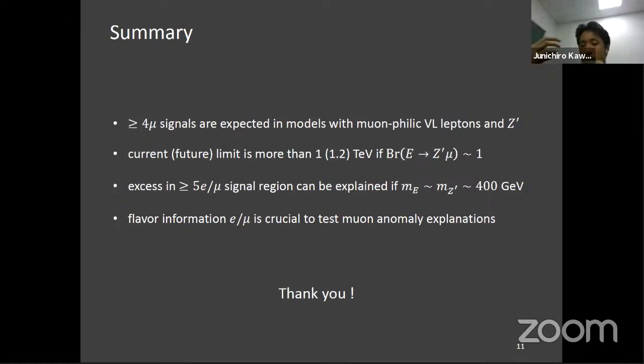After the symmetry breaking, there is a mixing between the standard generation and the vector-like generation. After the mixing, the couplings of the vector lepton and the Z prime to leptons are introduced. So we can assign the U1 charges only to the vector families in the gauge basis, in some sense.